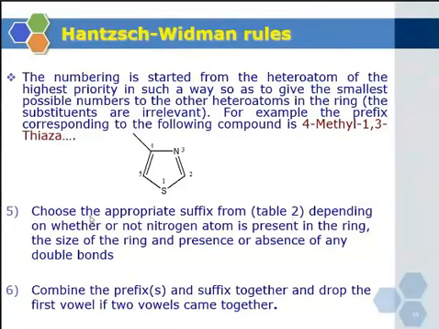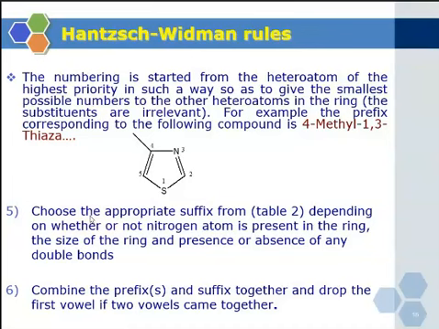So, till now we have learned that when we go for IUPAC nomenclature, the first position is the locants, that is the position number of the heteroatoms, followed by the prefix. What prefix? Prefix of the heteroatom.